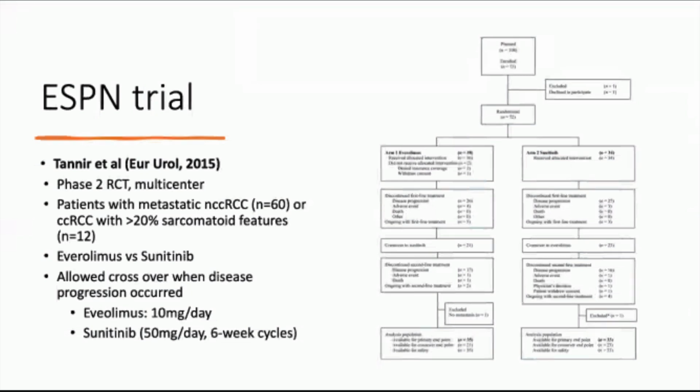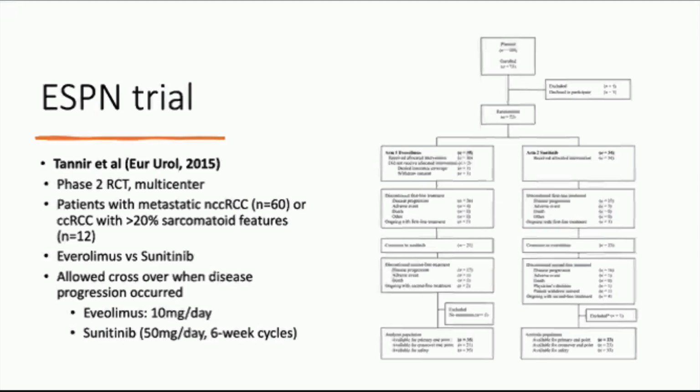In 2015, the ESPN trial was published by Tannir and colleagues. This was a phase 2 multi-center trial that was an RCT as well, looking at the safety and efficacy of everolimus and sunitinib in the management of patients with metastatic non-clear cell RCC or clear cell RCC with greater than 20% sarcomatoid features.